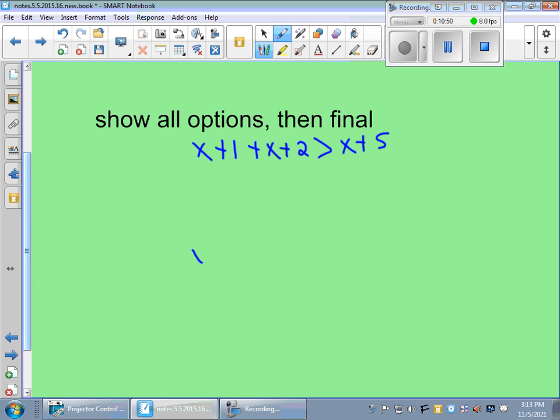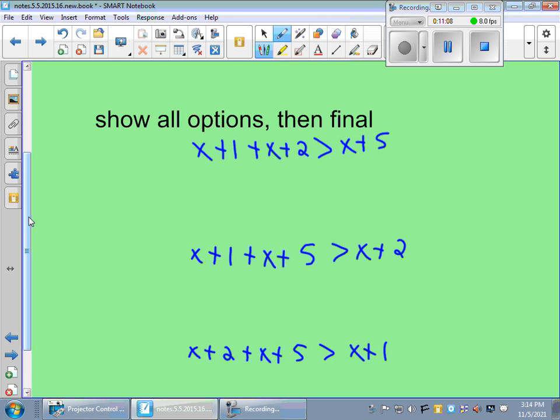So X plus 1 plus X plus 5 has to be greater than X plus 2. And then the last one here, we have X plus 2 plus X plus 5 has to be greater than X plus 1. So now we can solve these.